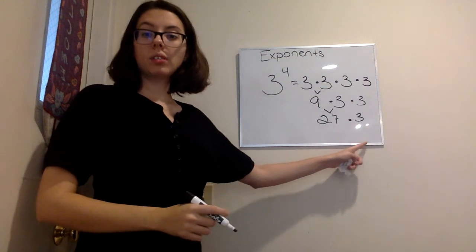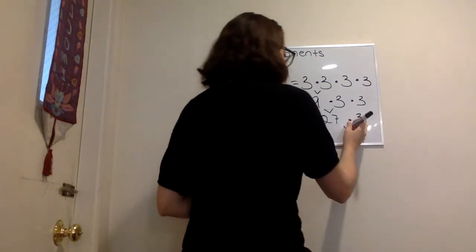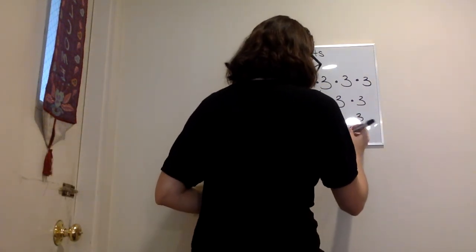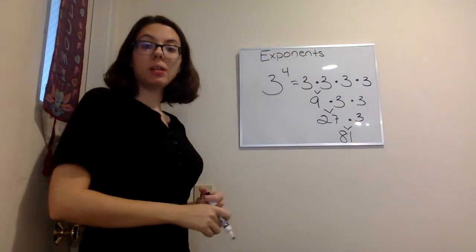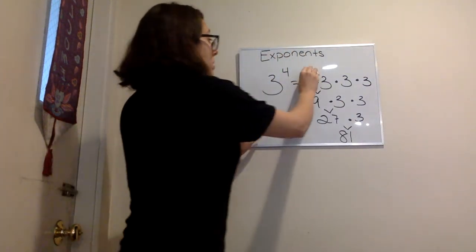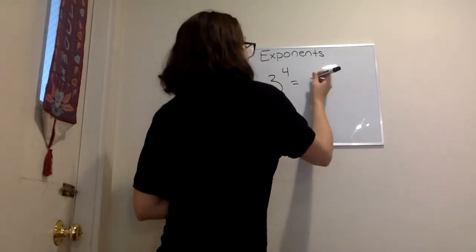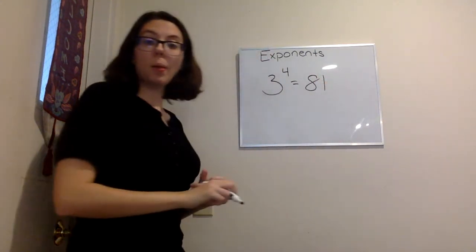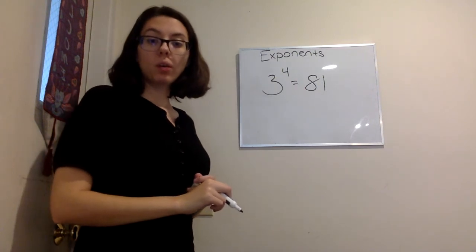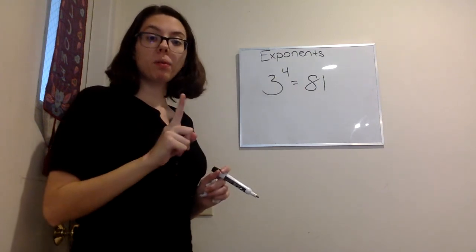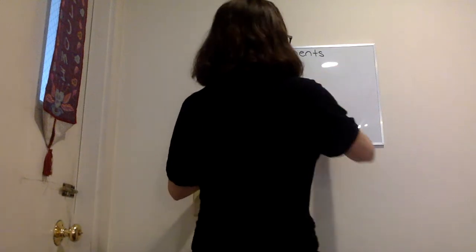Now I have 27 times 3. 27 times 3 equals 81. Therefore, my 3 to the fourth power is equivalent to 81.